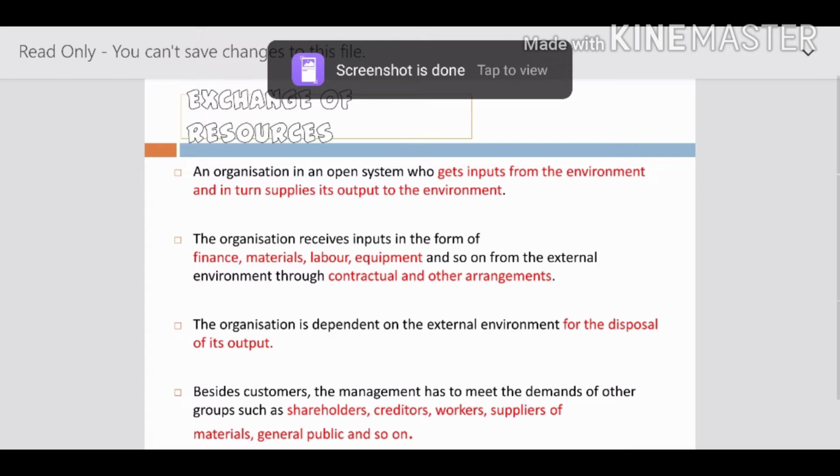And we need to know the procurement environment, that means how we are getting the products as input. And when we are selling the product, we need to focus on output. That means the external environment, which is always helping us to sell the product, especially in connection with sales.